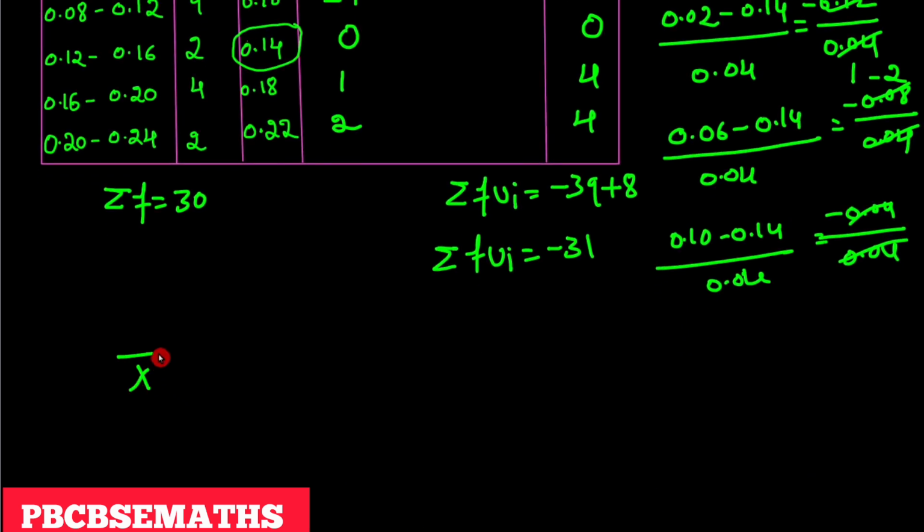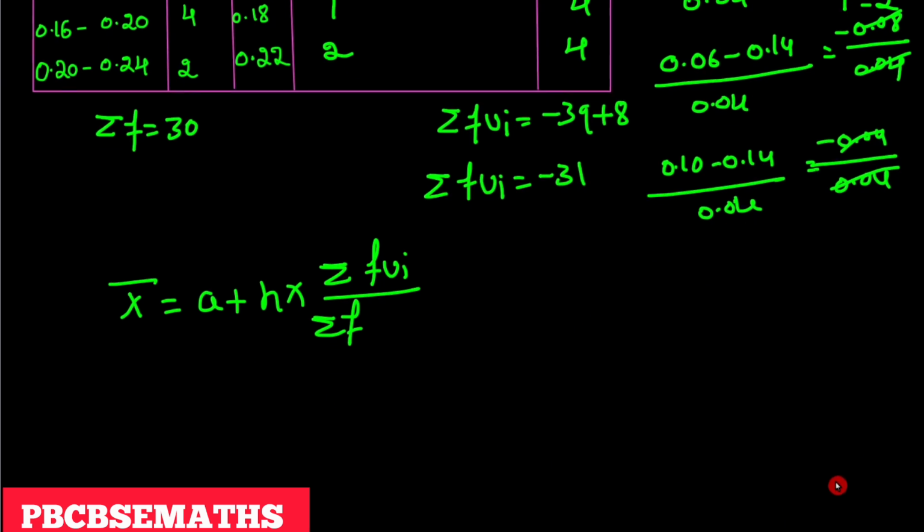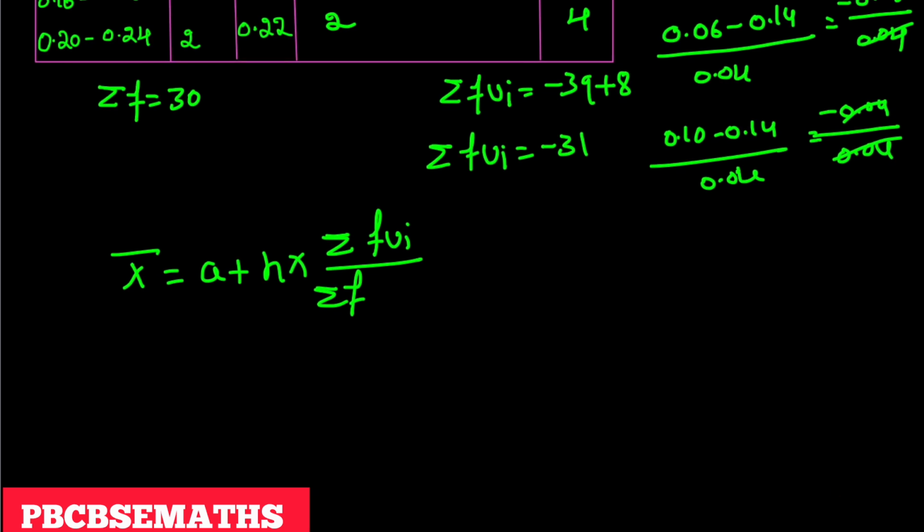We know the formula, x bar is equal to a plus h times the summation of f i u i divided by the summation of f. So simply we will substitute the values here. The a value is 0.14 plus the h value, which we consider as 0.04, into the summation of f i u i, which is minus 31, divided by 30.